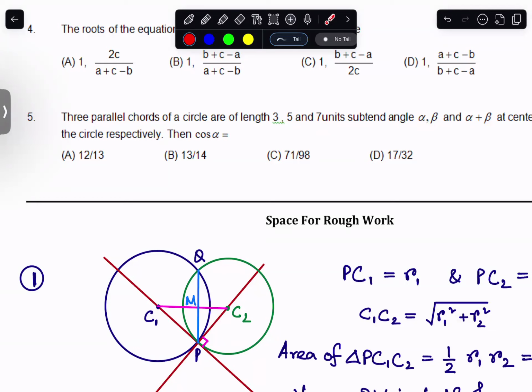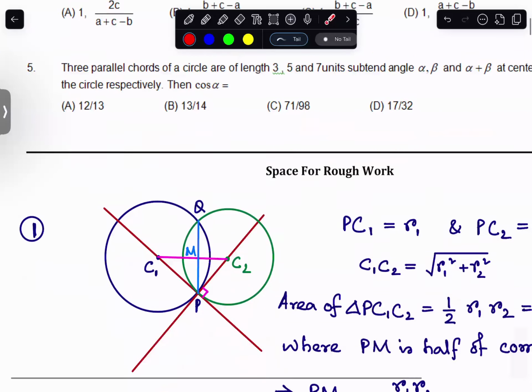The second portion is the angles. It's not alpha, beta, and some random gamma as the third angle. For the 3 chords, the angles been marked are alpha, beta, and alpha plus beta.